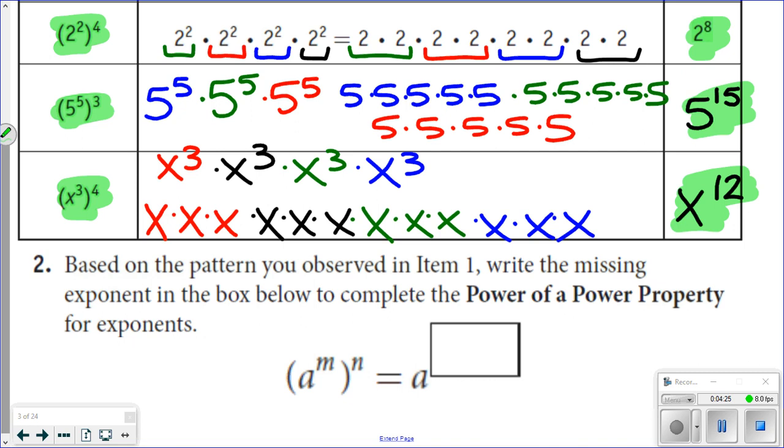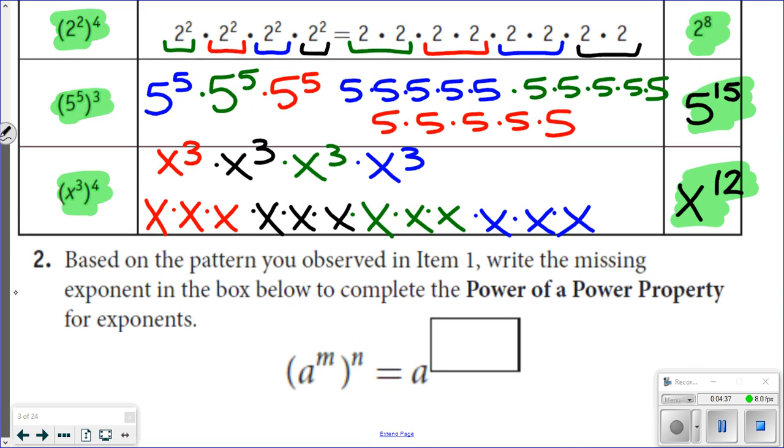We're multiplying. 2 times 4 is 8. 5 times 3 is 15. 3 times 4 is 12. So in this little box, a to the m raised to the nth power is a to the m multiplied times n. M times n. That's the power of a power property.